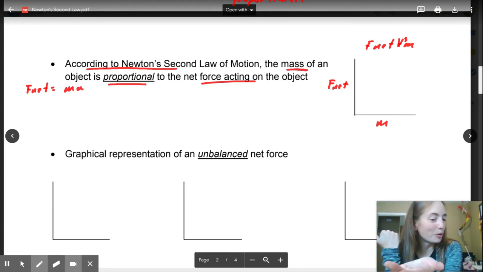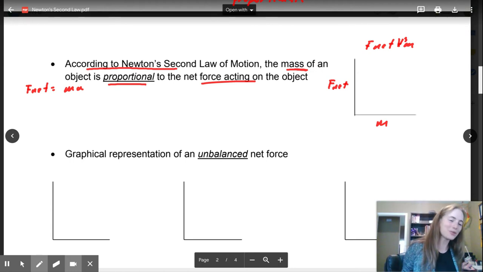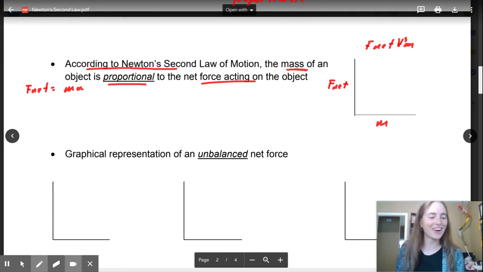The F-150. Because its mass is larger. There's more of it. So in order to get it to accelerate the same as a Honda Civic, you're going to need to apply more force. Which is why big trucks do not have the same fuel efficiency as smaller cars. Because you need more gas to create more force to get the same type of motion out of them.